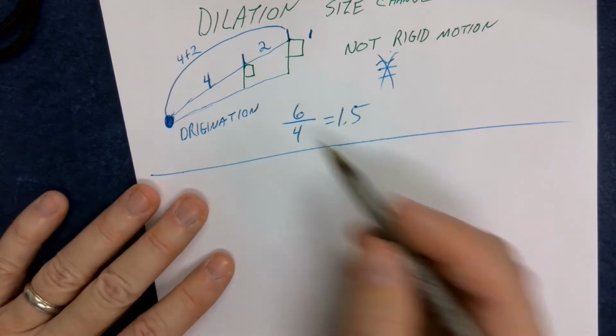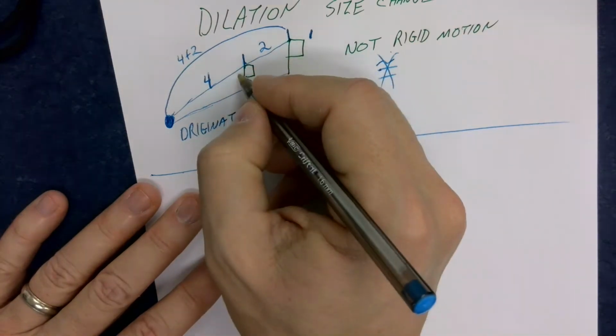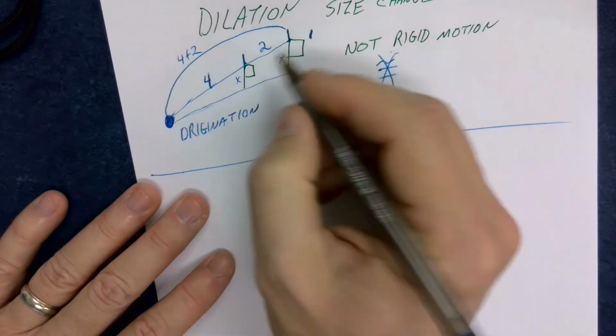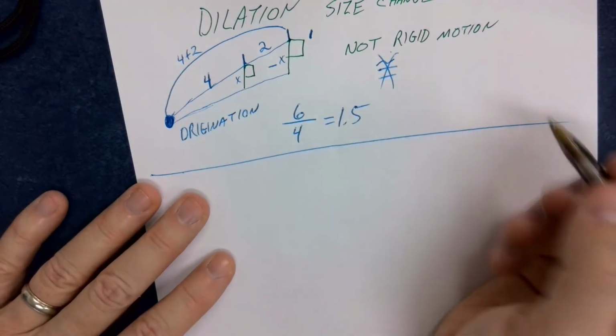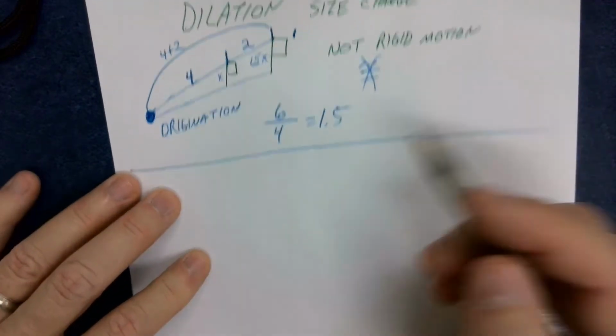We could also look at it just from the size of the shapes. If this distance was x, whatever number is in front of x, in this case, would be 1.5x. And we talked two different ways with this.